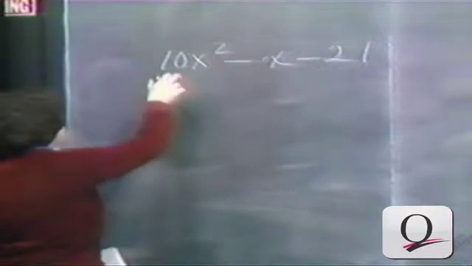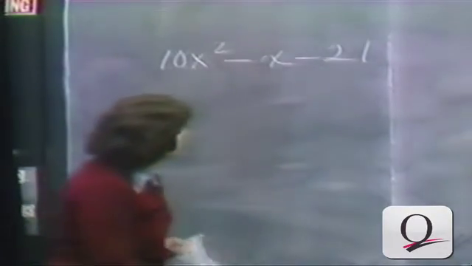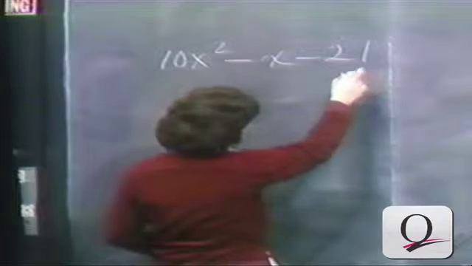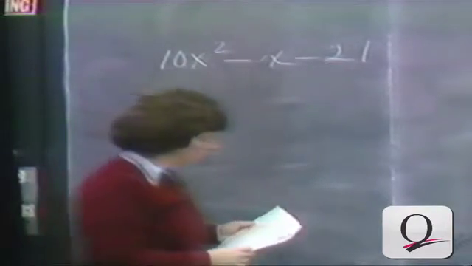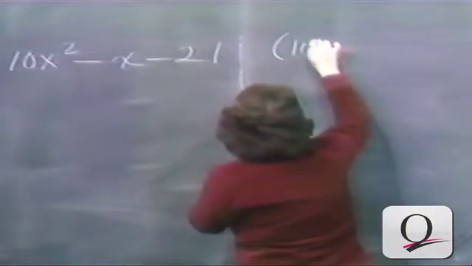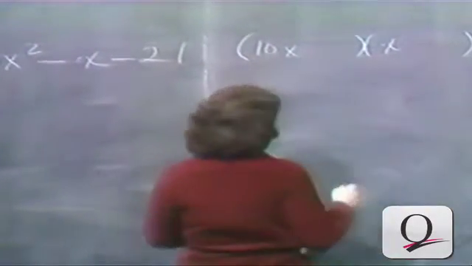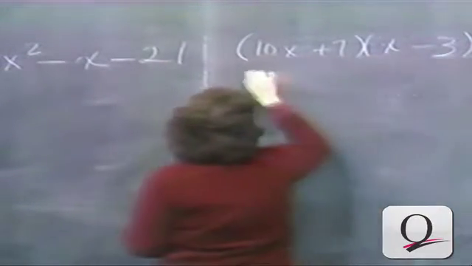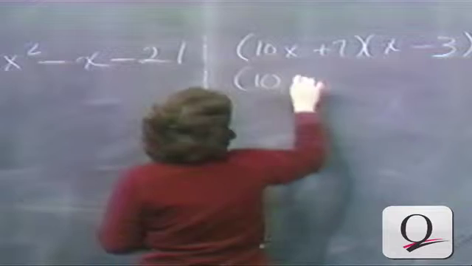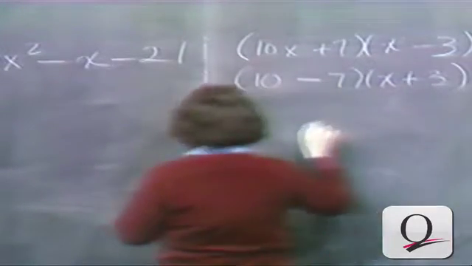We have to consider all the ways we can make the 10x squared and all the ways we can make the minus 21. The numbers in the second terms in each of the parentheses will have opposite signs because they're going to multiply to minus 21. So we could start with 10x and x. You can make minus 21 with a plus 7 and a minus 3, and also with a minus 7 and a plus 3.